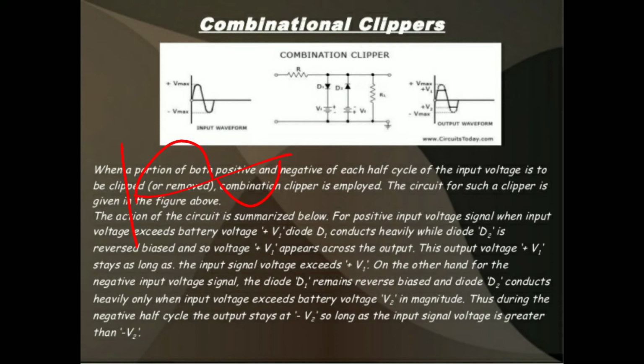During the negative half cycle, which is given to the resistor, D1 is reverse biased and acts as an open switch, it is in off condition. D2 is in forward bias condition, acts as a closed switch, and is in on condition.